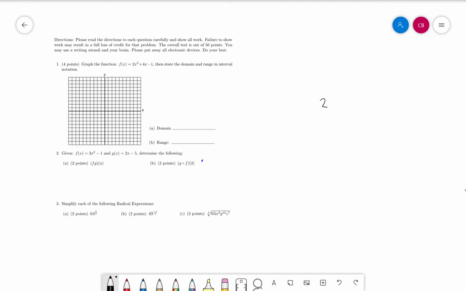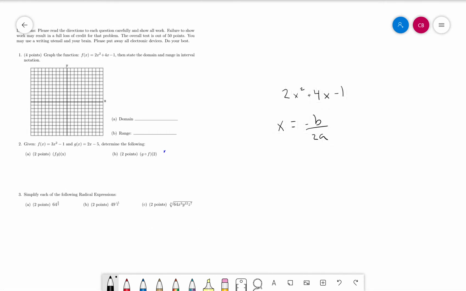2x squared plus 4x minus 1. x is equal to negative b over 2a is the formula for the vertex. So if we plug that in, we have x is equal to negative 4 over 2 times 2, which is negative 4 over 4, which is negative 1. Okay, so negative 1 is our x vertex.